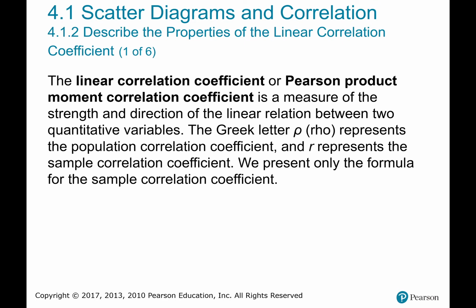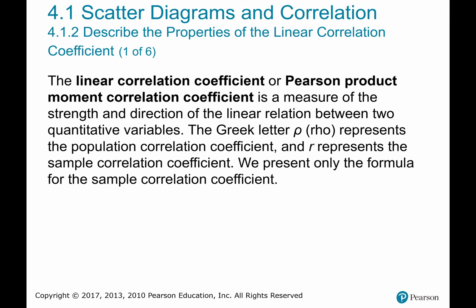Okay. The linear correlation coefficient, or the Pearson product moment correlation coefficient, is the measure of the strength and direction of the linear relation between the quantitative values. The Greek letter rho represents the population correlation coefficient, and the r represents the sample correlation coefficient.